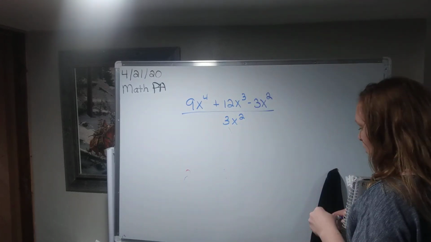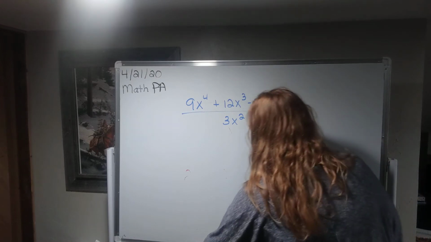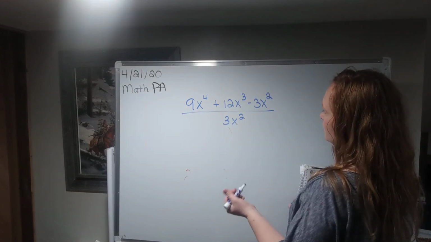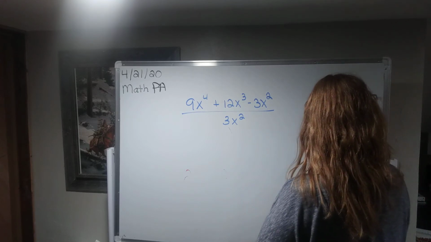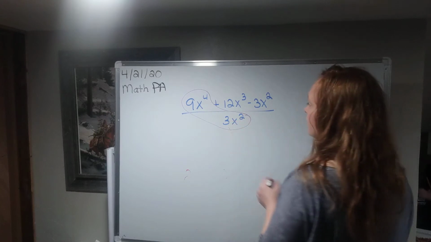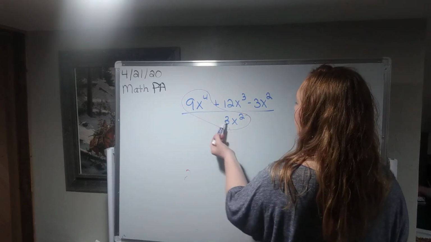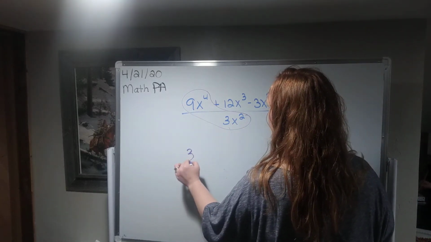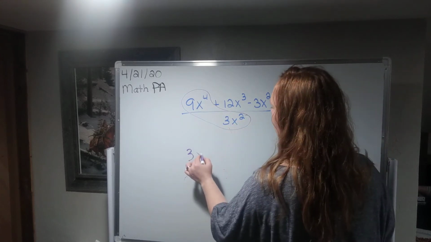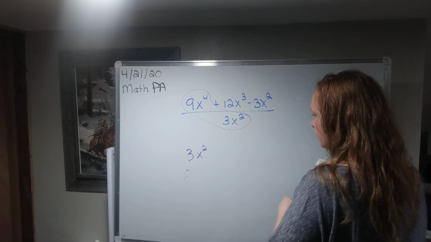I want to look at this problem as each term divided by this one. Let's go ahead and do that. I'm just going to circle these so we can look at this division problem first. 9 divided by 3 is 3. Now, x to the 4th minus 2 is 2, so x squared.